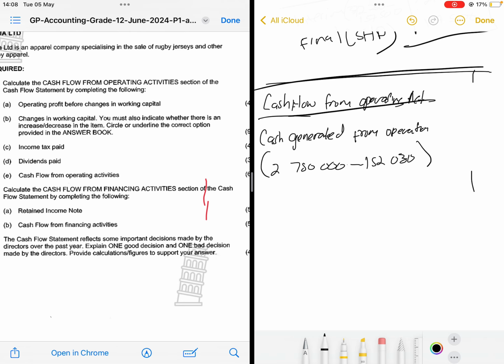Then I get 2,597,970. Now I go to interest paid. So the interest paid is the interest expense. Is the interest on loan. You will find it in the smaller income statement.